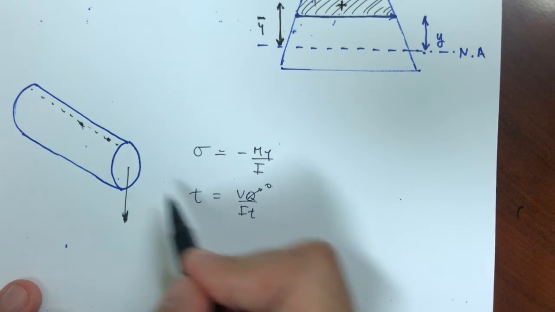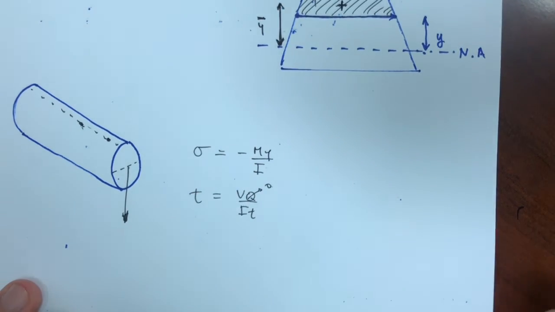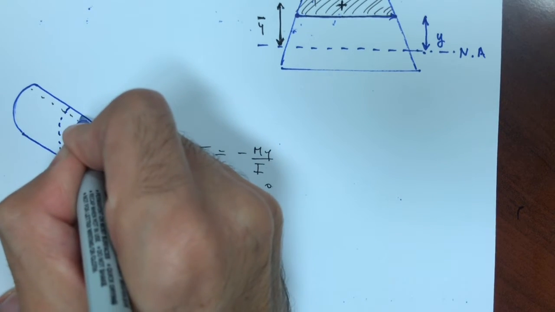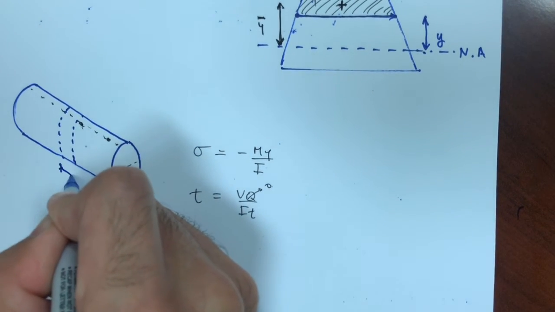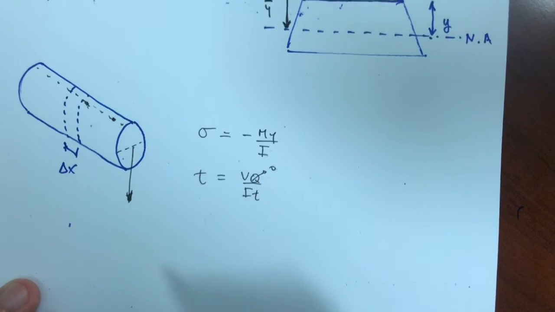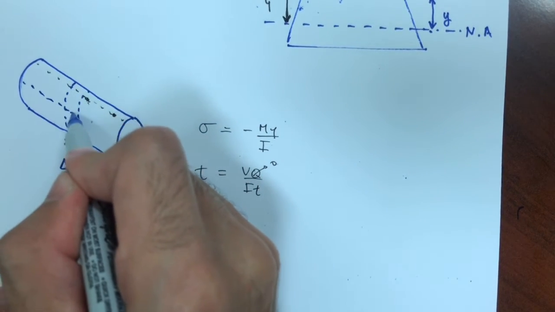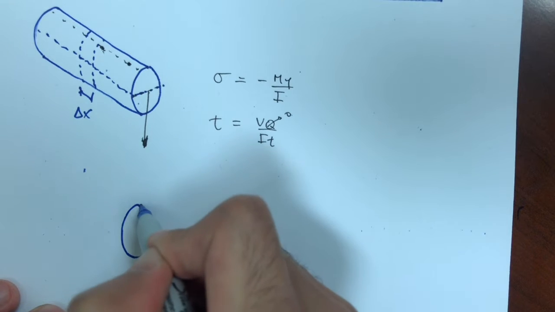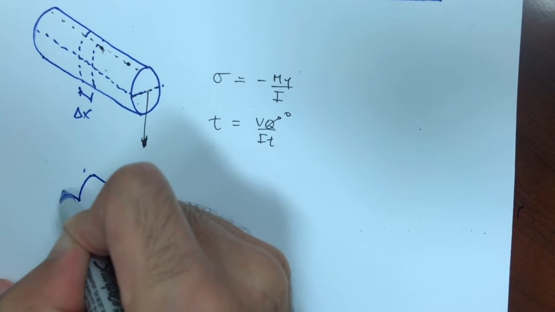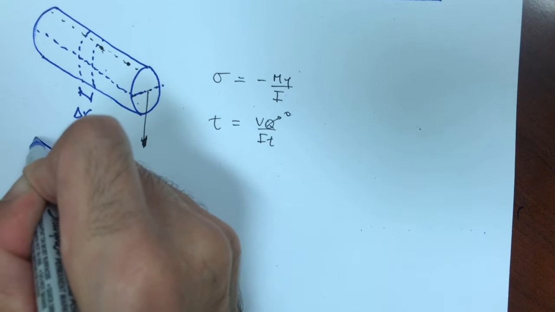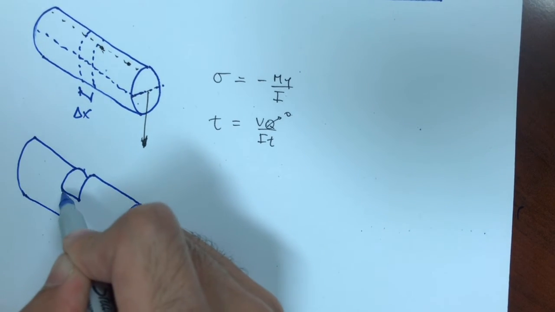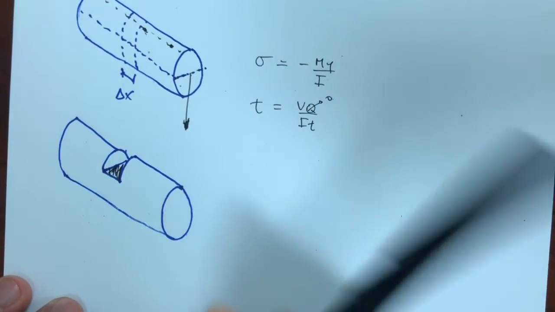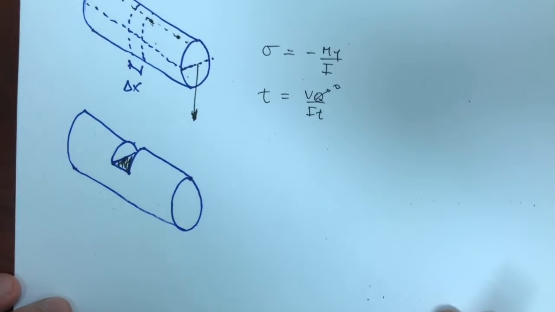Now where is the maximum? At the center. So again, if I did a cut, taking a delta X in this direction, right here at the center, right where my neutral axis is, this would look something like this, where this would be my shaded area for the derivation of the equation.